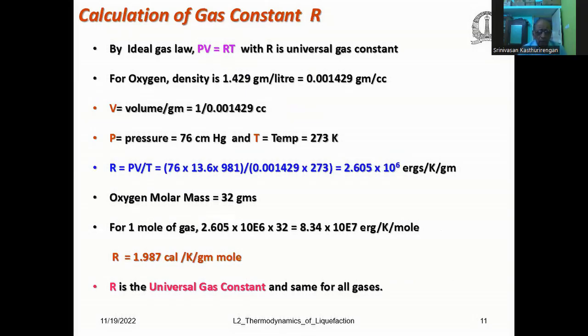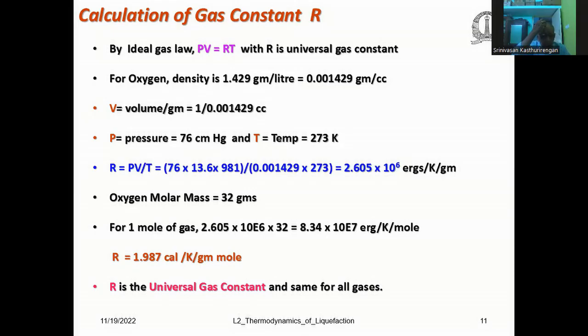We can calculate the value of R by considering these data. For oxygen, density is 1.429 grams per liter. In other words, specific volume, which is volume per gram, will be 1 divided by 0.001429.